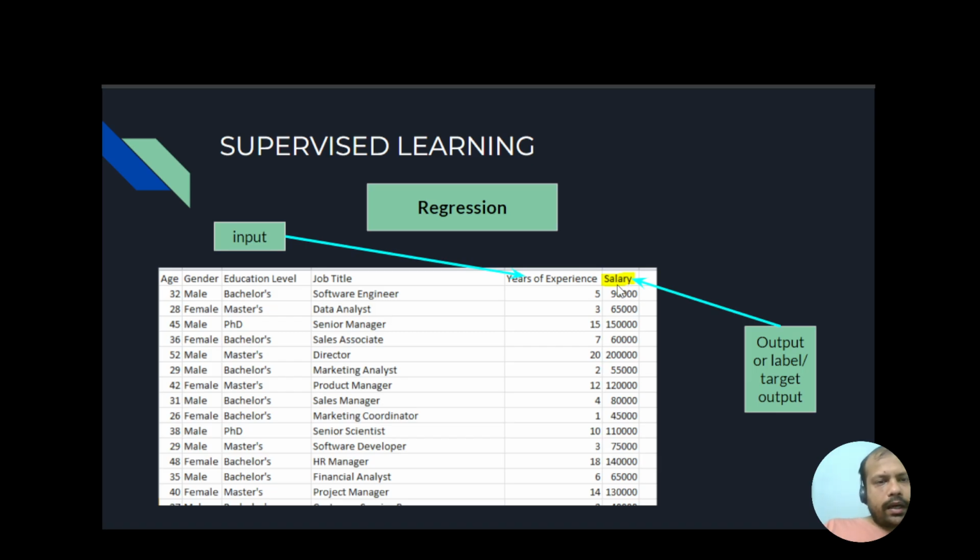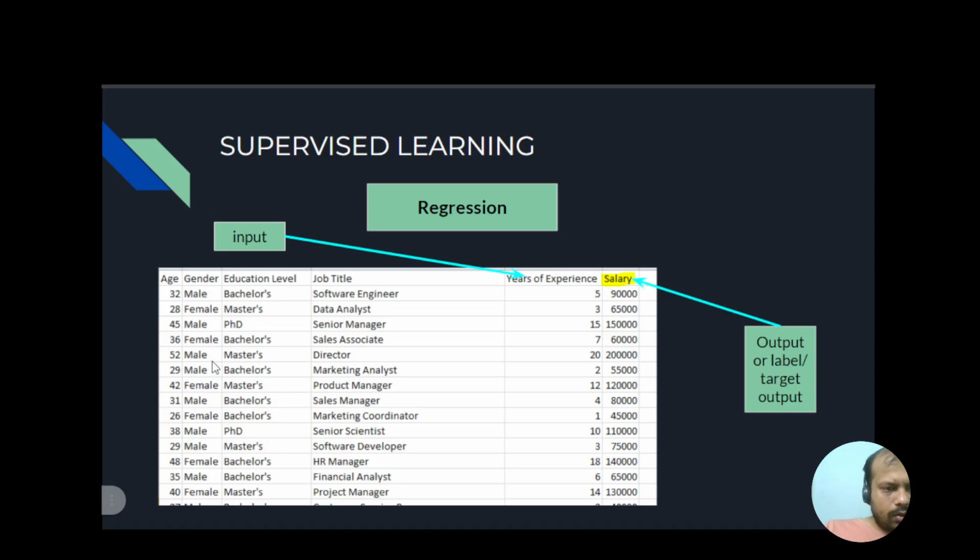For simplicity, years of experience and job title are all your input values, or you call them features in machine learning. In maths, this is how you have a target output and your inputs.